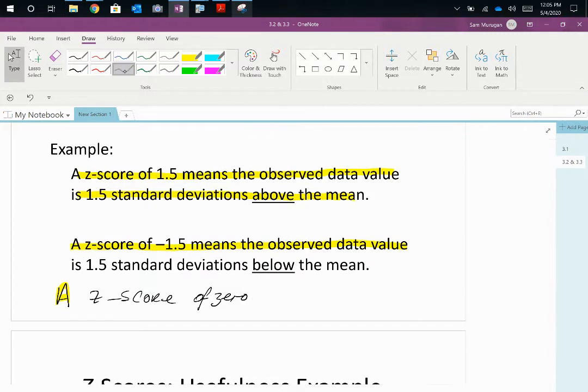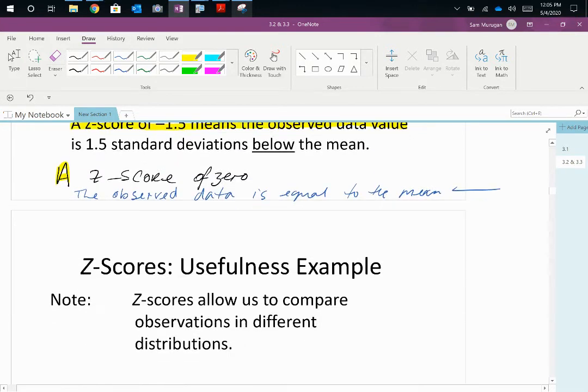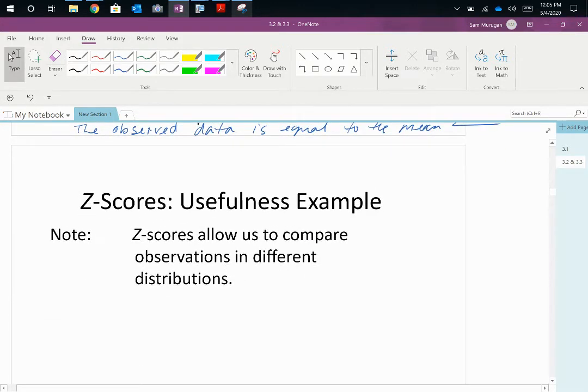Okay, if you said that the observation is equal to the mean, in other words, the observed data value hasn't moved from the mean, it is exactly equal to the mean, then that would be the correct answer. Z-scores allow us to compare observations in different distributions.